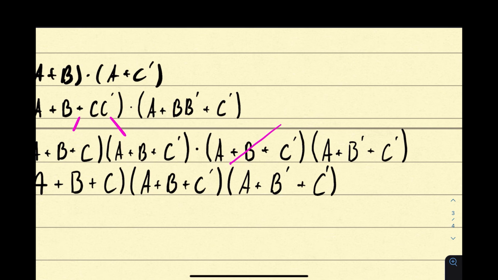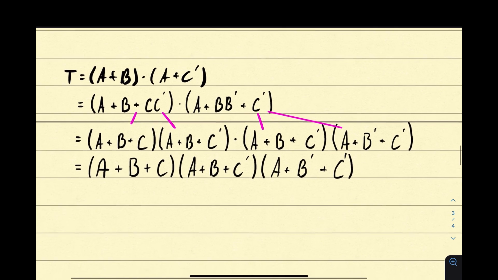So let me erase this for now to make it a bit simpler. So here it breaks off into its first separate term. I have A or standard B or complement of C. And over here you have A or complement B or complement C.